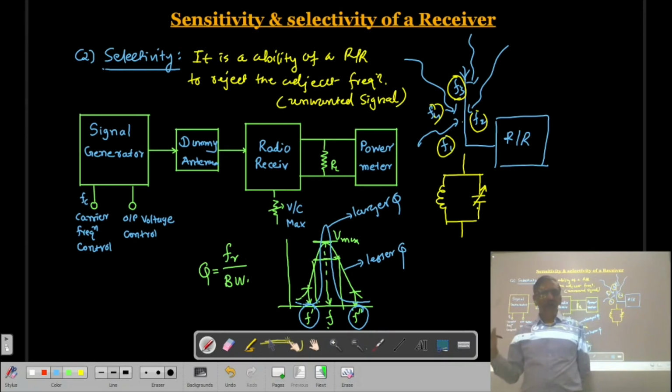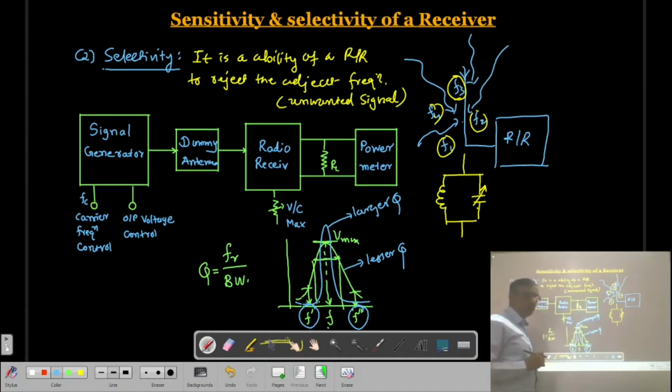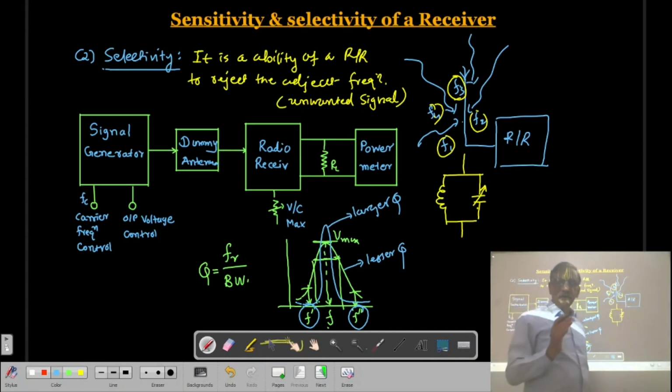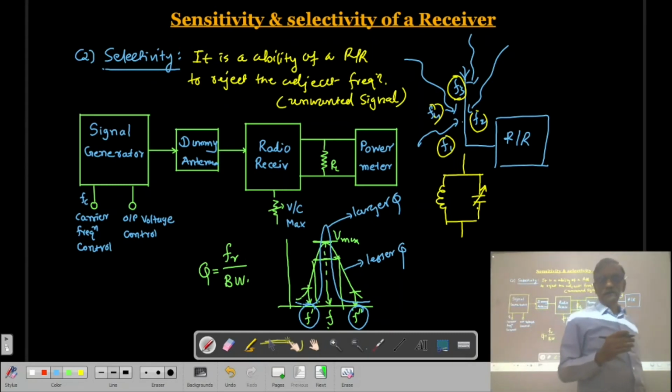Because we have 2-3 stages, it is tuned at 455 kilohertz. So if the Q of these tuned circuits is very high, then the selectivity of your radio receiver is good. The adjacent frequency is not able to enter the radio.